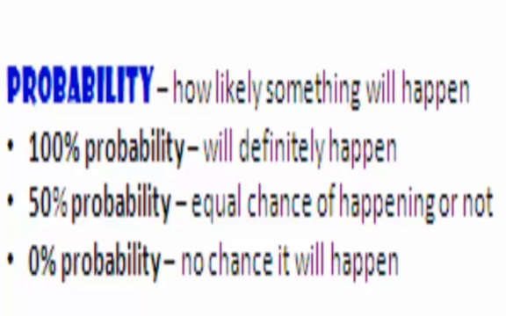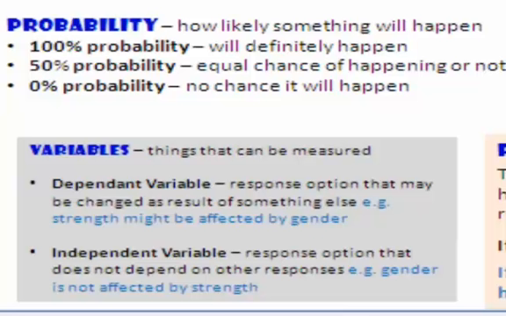While we're bearing that in mind, we also need to consider variables. Variables are things that can be measured, whether they're factors or opinions and so on. So any response that we can measure is a variable. And there are two types.